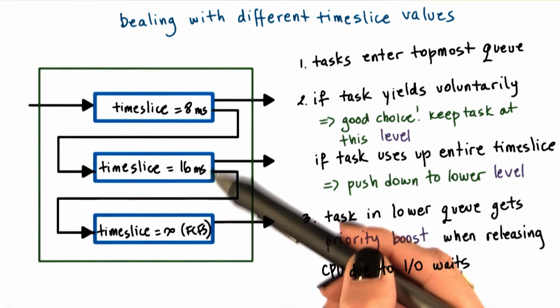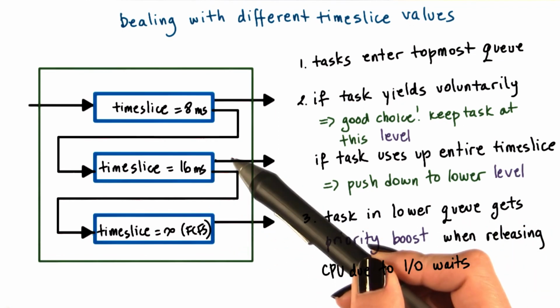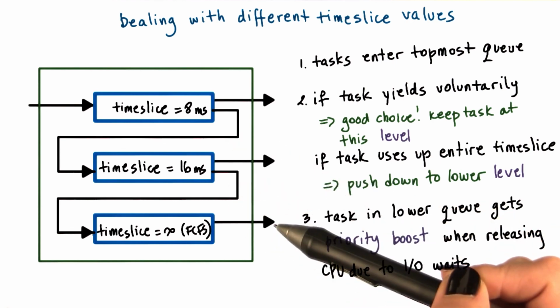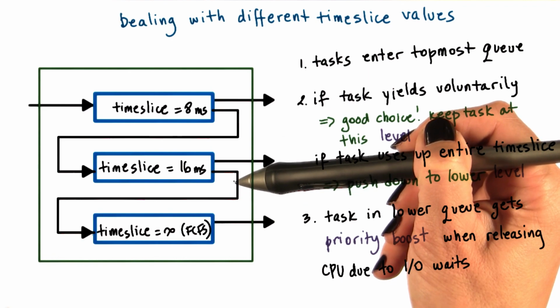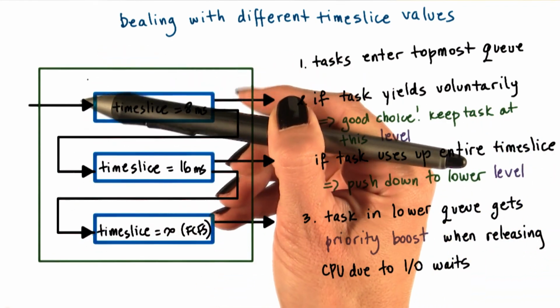Now, if a task that's in one of the lower queues all of a sudden starts repeatedly releasing the CPU earlier than whatever the time slice specifies because it is waiting on I/O operations, that will be a hint to the scheduler to say, oh, well, this task is more I/O intensive than I originally thought, and it can push it up to one of the queues on the higher levels.